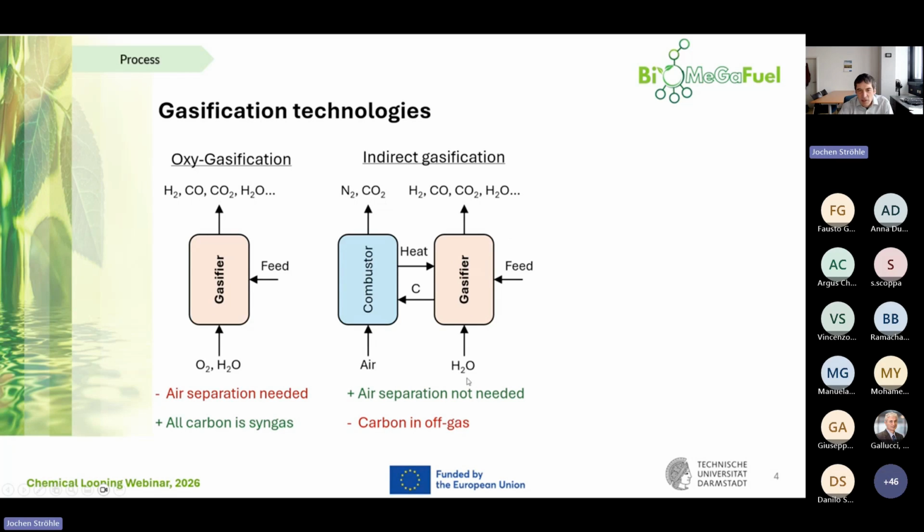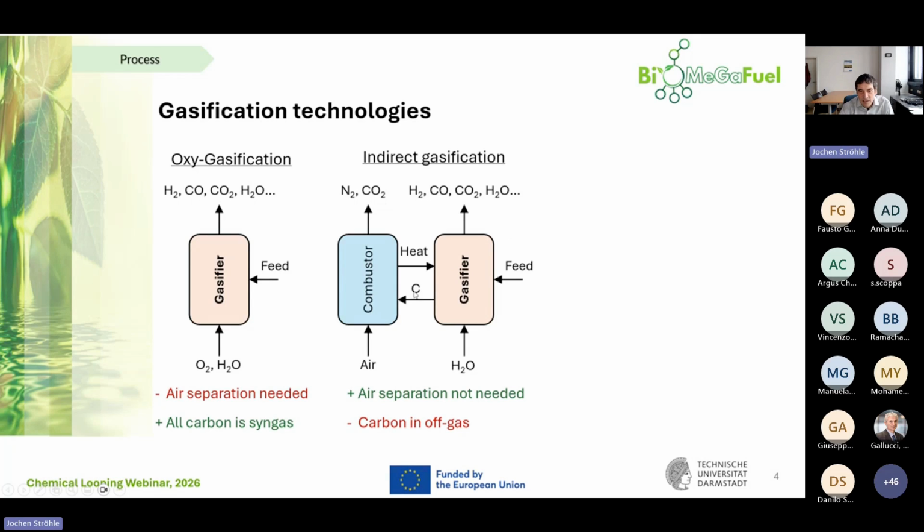Then we can fluidize with only steam, and we can reach a syngas also with rather high hydrogen content. But we need some carbon or any kind of fuel in the combustor to produce this heat.